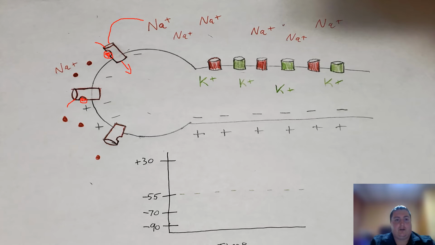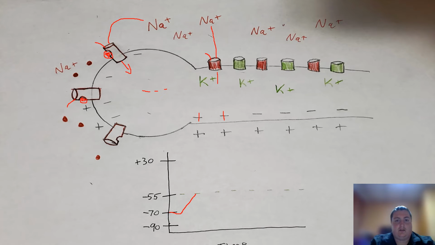Now, once enough positively charged ions diffuse into the soma, this will bring the charge from a negative 70 up to a threshold of negative 55 millivolts, which will then, once this part of the axon is introduced to the threshold, open these voltage-gated sodium channels and allow the diffusion of positively charged sodium into this part of the axon, which will then increase the voltage within.